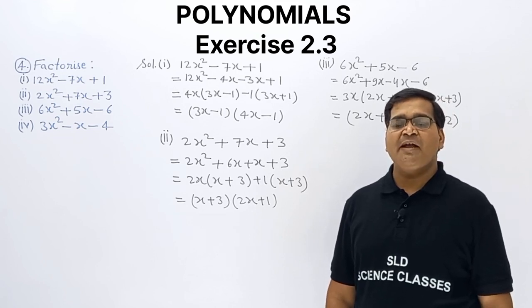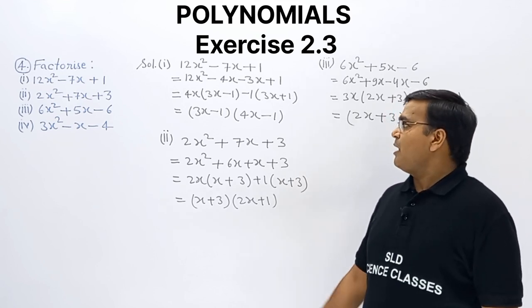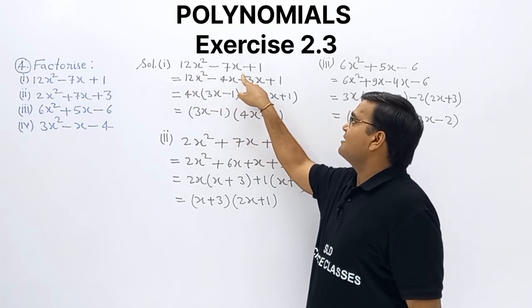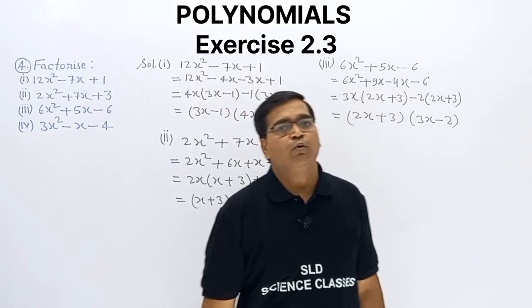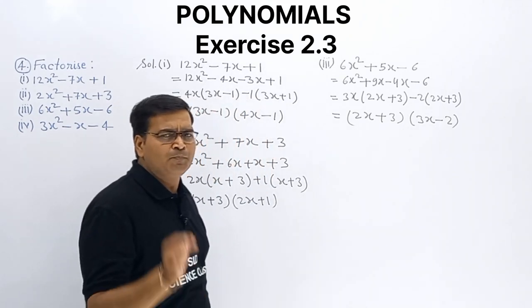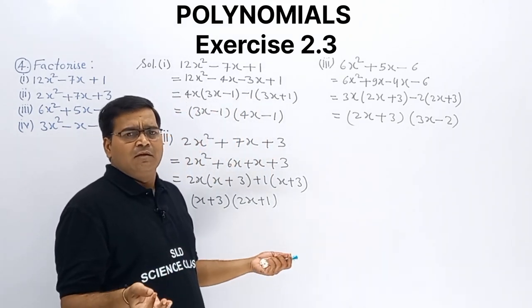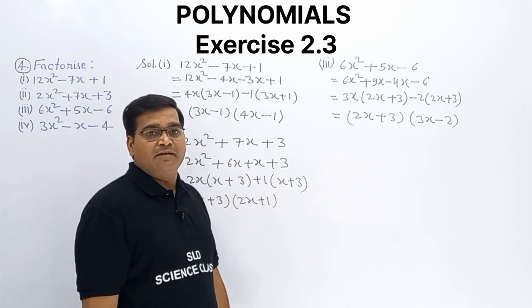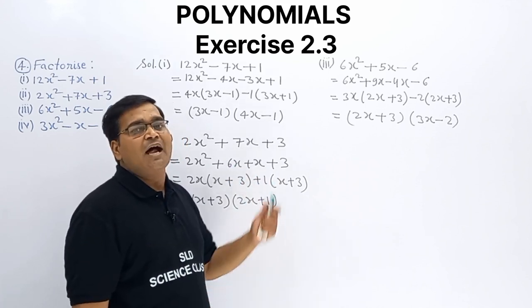So how will we factorize? I am taking the first question, 12x square minus 7x plus 1. We want to factorize this one. It is a simple process. This type of question you studied in the 8th standard, so it is not a hard one.